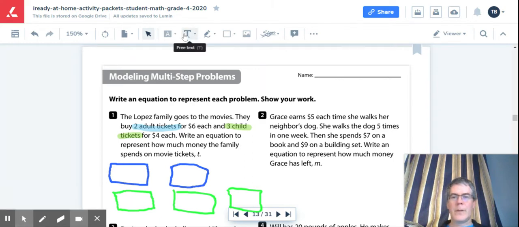And we know that each of the adult tickets is going to be $6. Let's go ahead and include our dollar sign so we remember that we're dealing with money. $6. And then each child ticket is going to be $4.